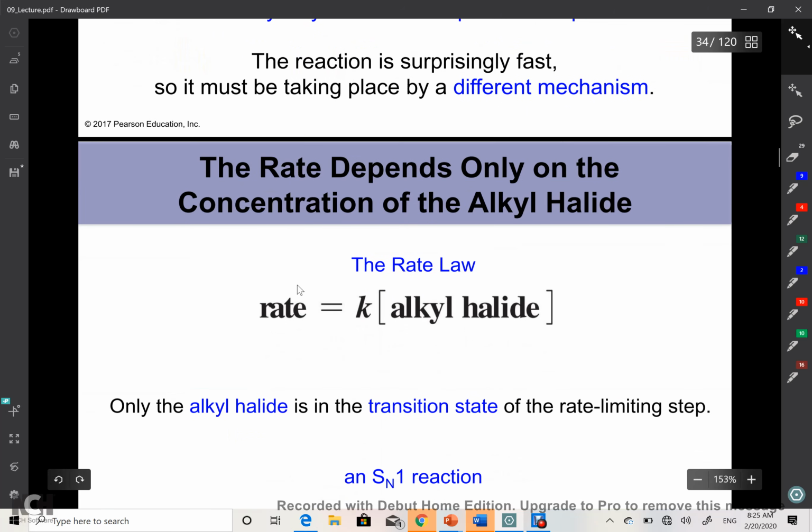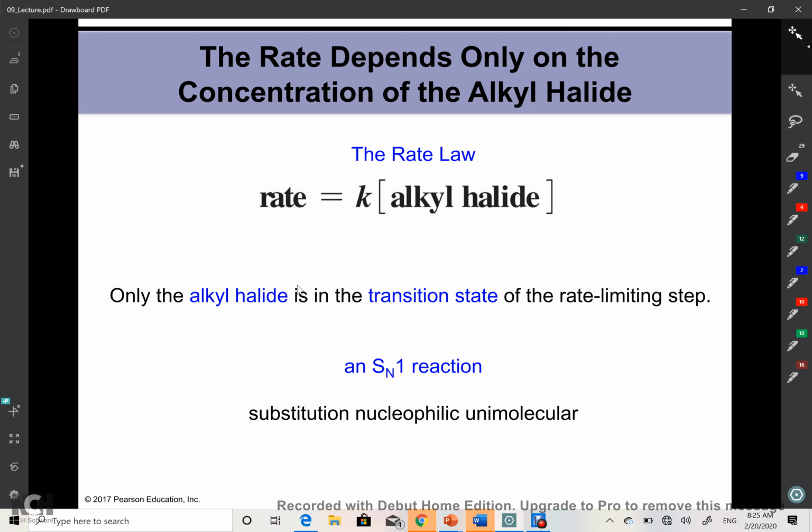Now, remember, to study the reaction mechanism, it's always interesting to look at the kinetics of the reaction. What are the factors that favor the reaction, that cause the reaction to move faster or slower? It turned out that the rate law for this kind of reaction is proportional to the concentration of the alkyl halide.